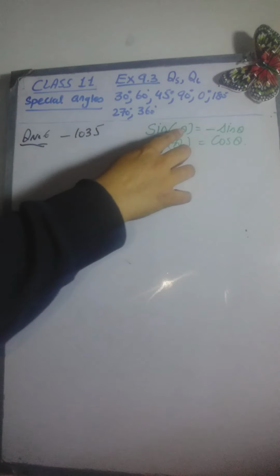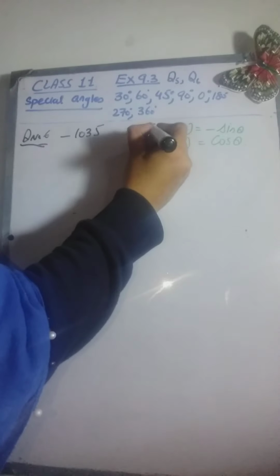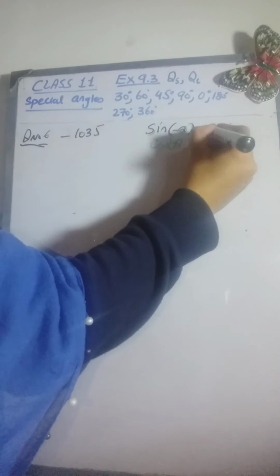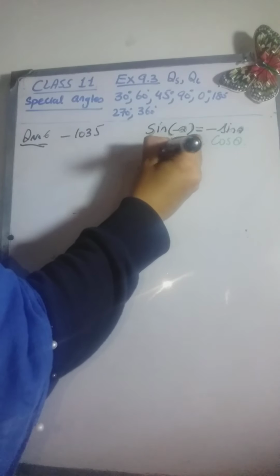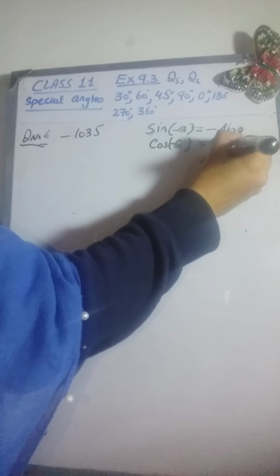To make it more visible, sine of negative theta is always equal to negative sine of theta, and cos of negative theta is equal to cos of theta.